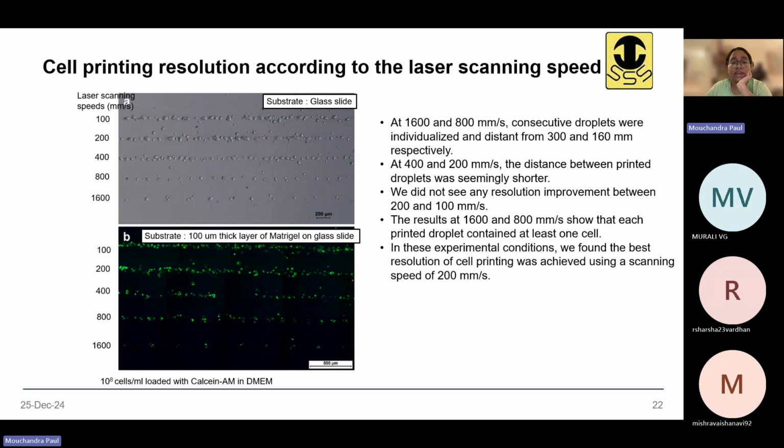Whereas when you decrease the scanning speed, let's say to 200 or 100 mm per second, you can see more and more cells getting trapped. So in terms of cells as well, it is affecting the printing resolution. Is this slide clear to you all? Yes, ma'am. Great.